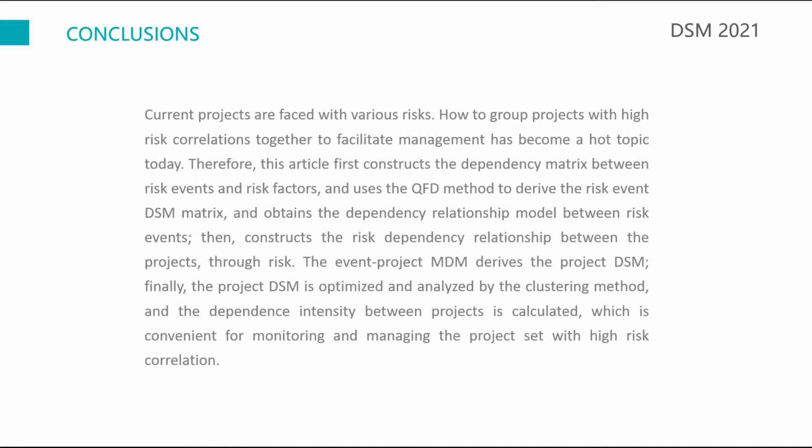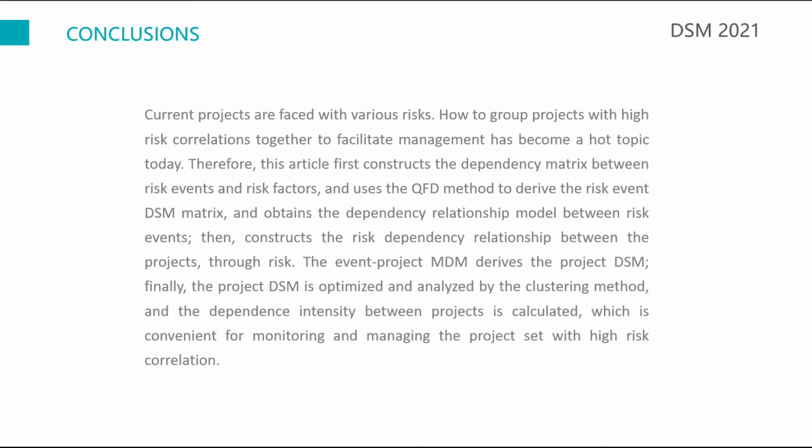Therefore, this article first constructs the dependency matrix between risk events and risk factors, and uses the QFD method to derive the risk event DSM matrix and obtain the dependency relationship model between risk events. Then it constructs the risk dependency relationship between the projects through the risk event-project MDM, which drives the project DSM.